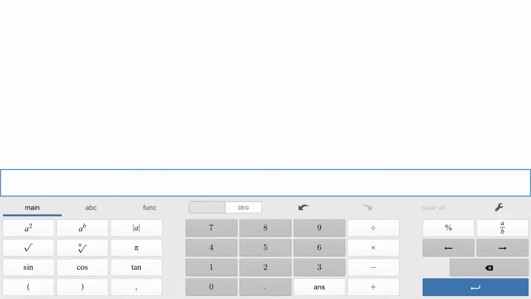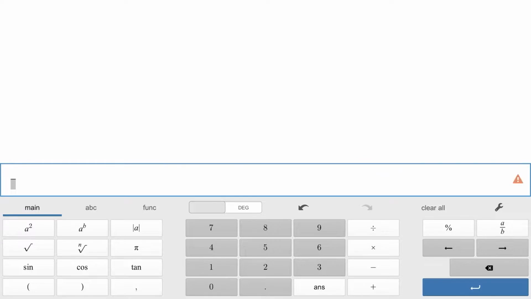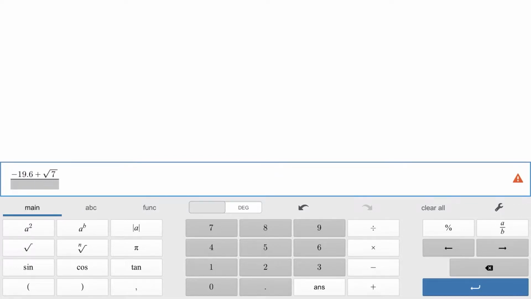Using Desmos, if I press the division key, I get my fraction right here. So I'm going to type in negative 19.6 plus the square root of 736.96 all over 2 times negative 4.9, which is negative 9.8. And here I get negative 0.77. Okay, so I'll write that down.